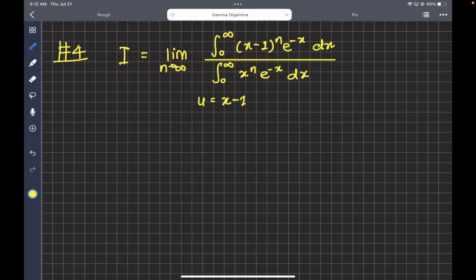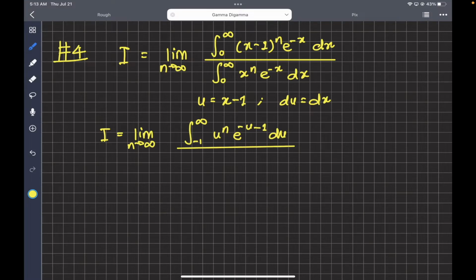So u is x minus 1, du is dx. We have limit as n goes to infinity, integral from minus 1 to infinity u to the n e to the minus u minus 1 du divided by integral from 0 to infinity x to the n e to the minus x dx.